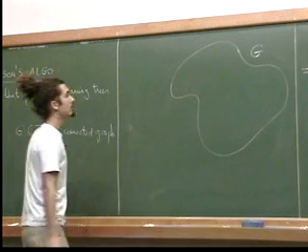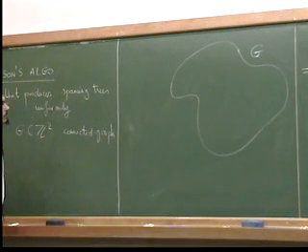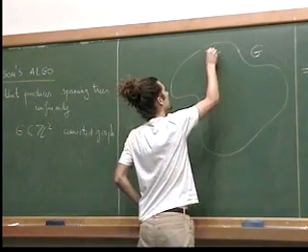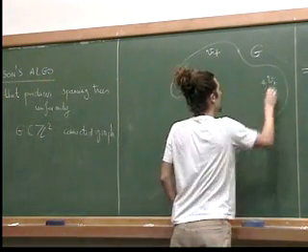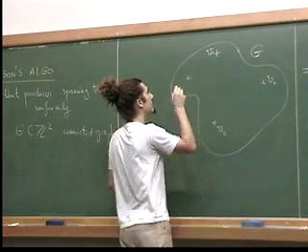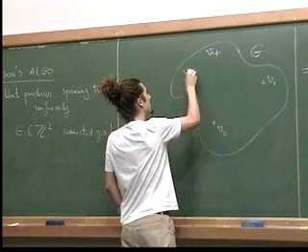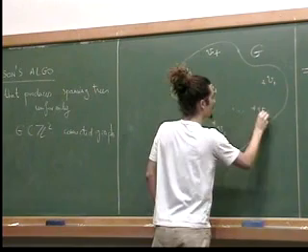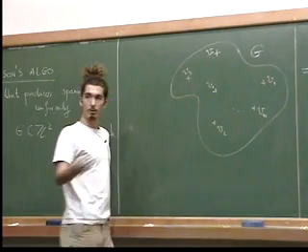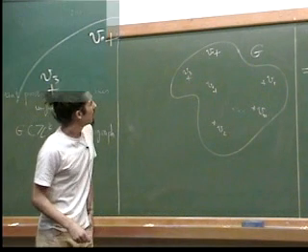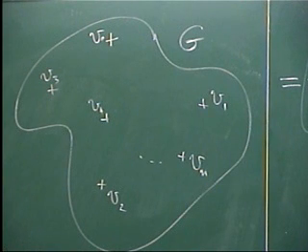So the idea is to take any ordering of this graph. I give a name to all the points, all the vertices, and I want to create a tree.